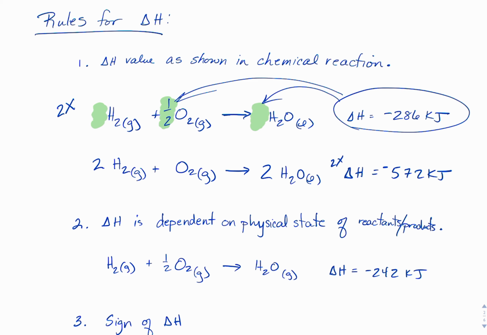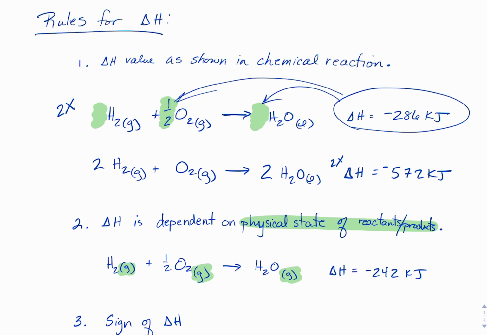The second rule for using delta H's is that the delta H is also dependent on the physical state of the reactants and products. So in this particular case, you will see almost all chemical reactions written with subscripts of what phase a particular substance happens to be in.